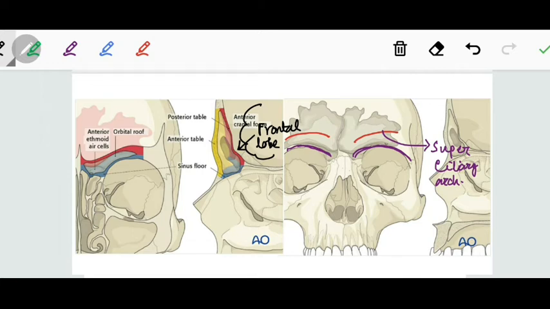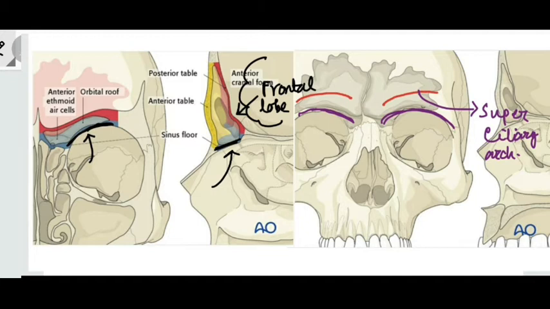And regarding the inferior wall, this blue colored wall, you can see that the inferior wall is related to the roof of the orbit as well as partly to the roof of the nose. The inferior wall is related to the roof of the nose, roof of the orbit, and also to the ethmoidal air cells which are present medial to the orbit.